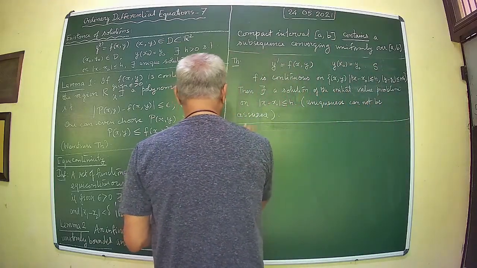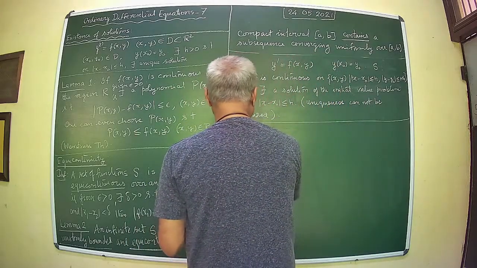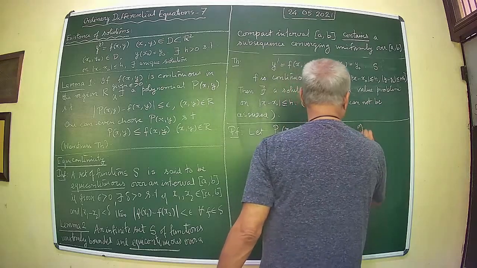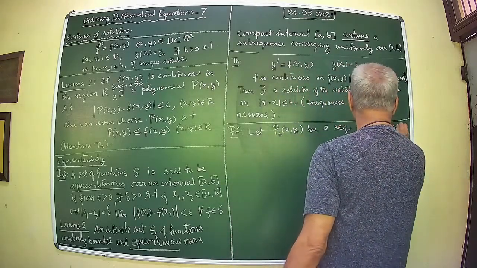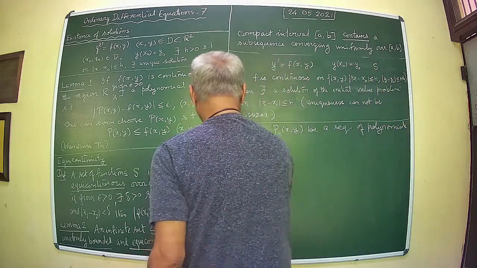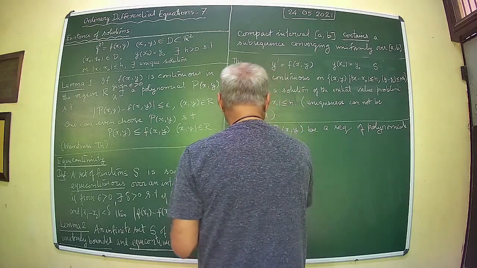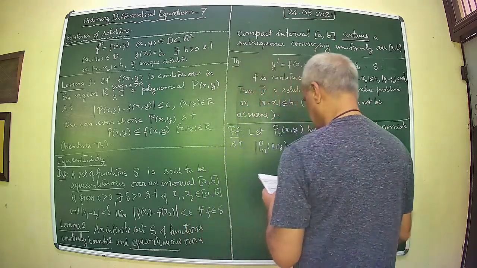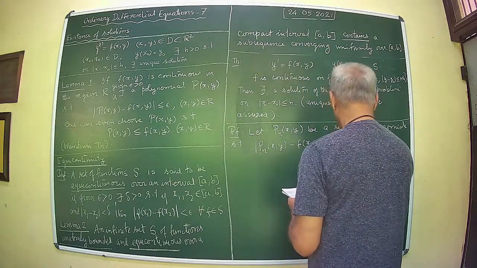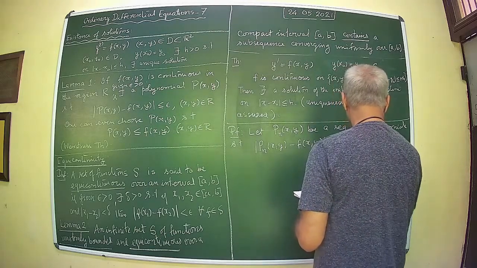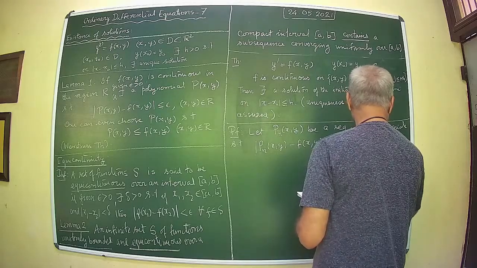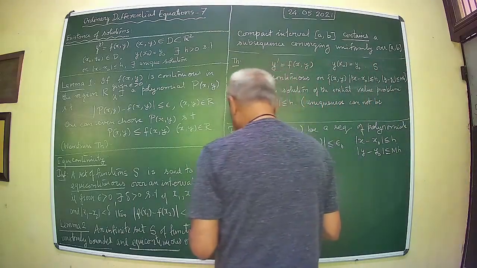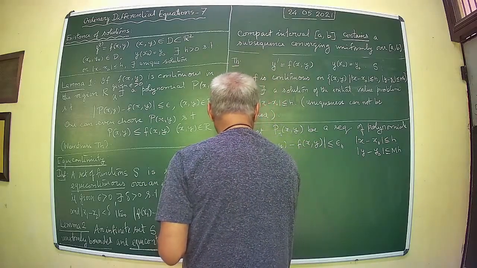Proof: apply the lemma to get the sequence of polynomials Pn such that the difference from f is at most epsilon n, where M is the bound for the function on the rectangle, and epsilon n is a sequence.